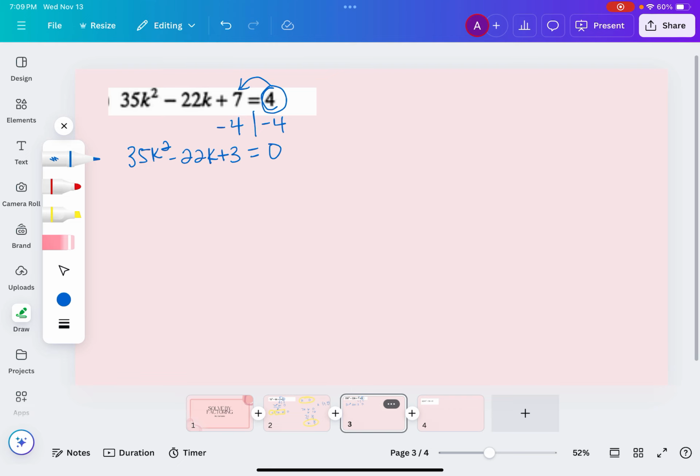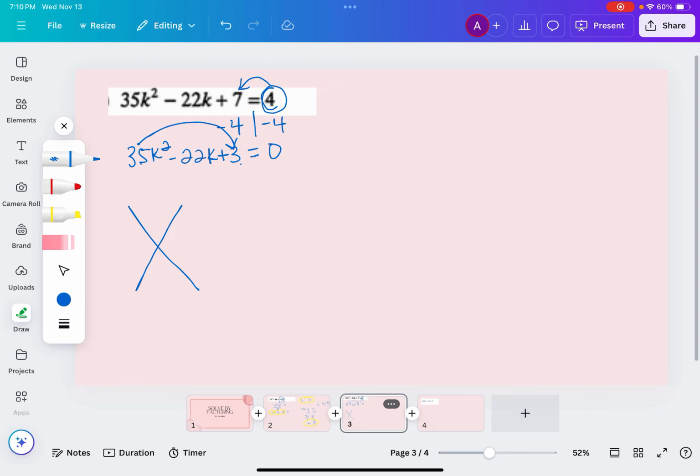So right here, 35, 22, and 3 are not like terms. 35 is not divisible by 3. 3 is a prime number, and 22 is also not divisible by 3. So no GCF because not all 3 have letters. So we are going to go ahead and go into X method, where we multiply A times C and then we group.